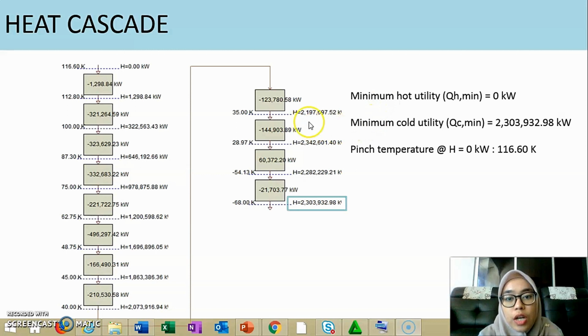This is because our process is only considered for below pinch. And from here, we are also able to determine the pinch temperature, which is 116.6 Kelvin, where the heat flow is recorded at 0 kilowatt.